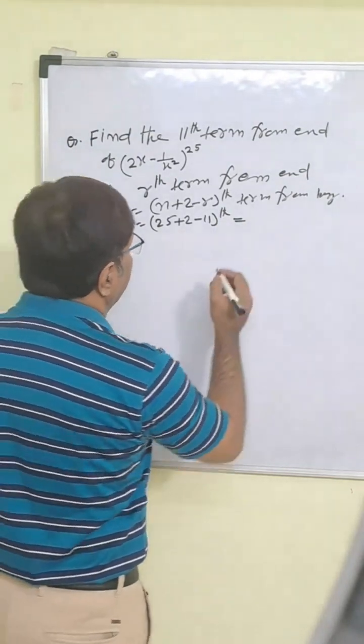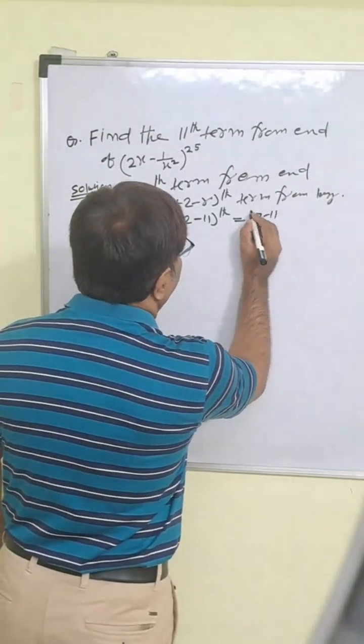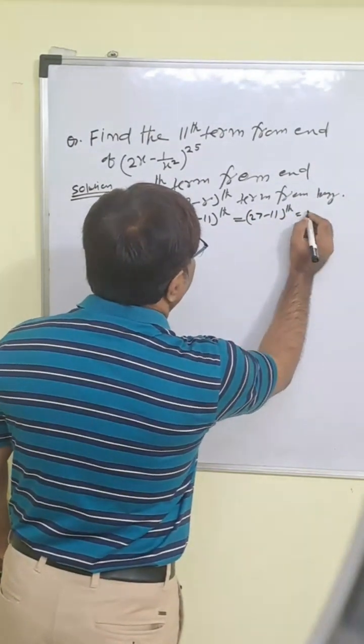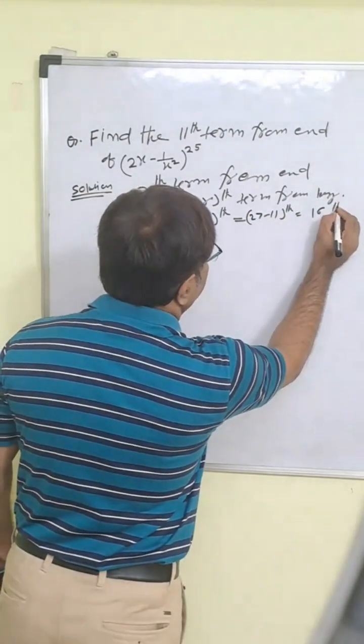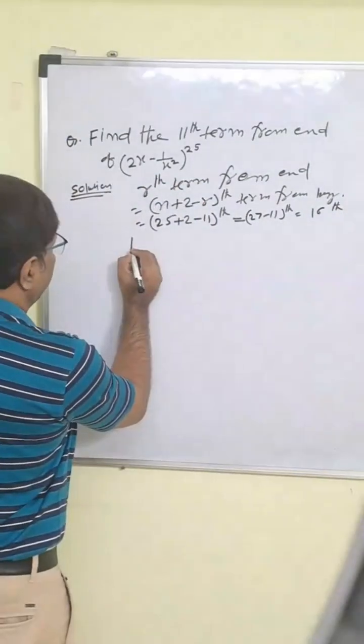So 25 plus 2 is 27, minus 11, gives 16. So we can find the 16th term from the beginning.